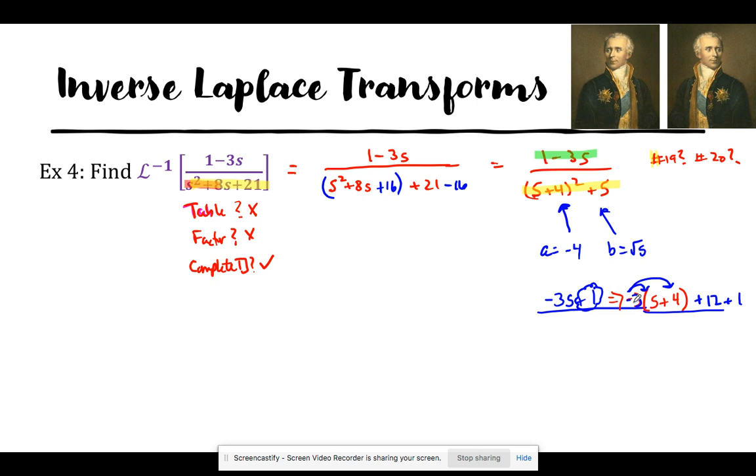Right? So -3s, minus 12 plus 12 is going to go away, and then I'm going to have my plus 1. So how did that help me?